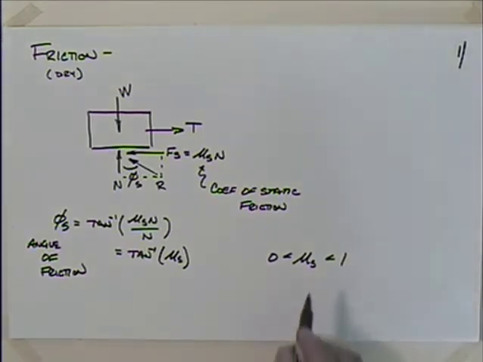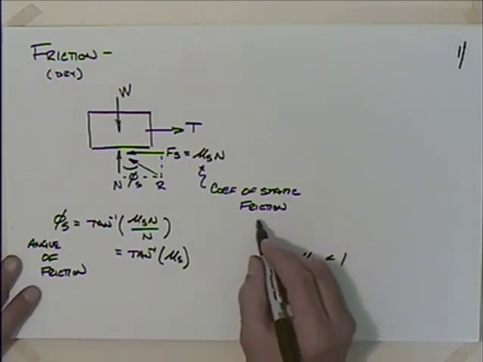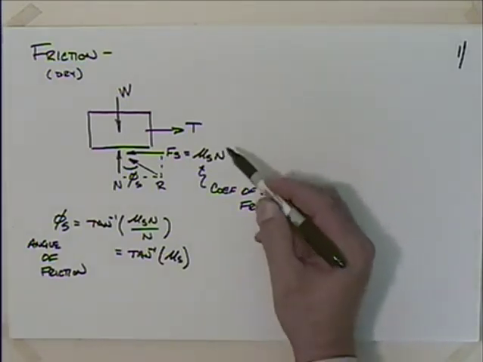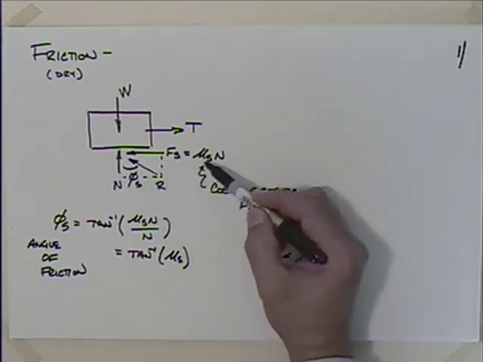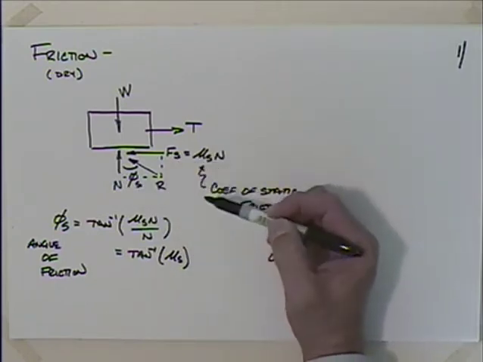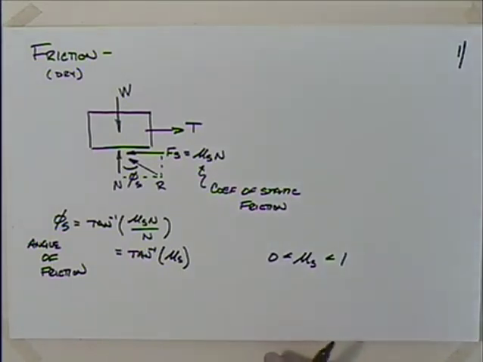And this coefficient of friction is unitless. It has no units. Really, it's just a ratio. So we multiply the normal force by this coefficient of friction, and we get the friction force.